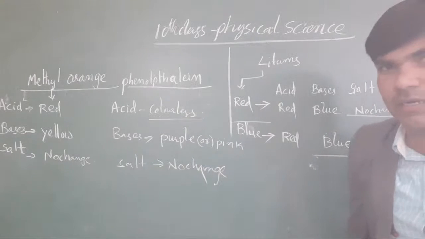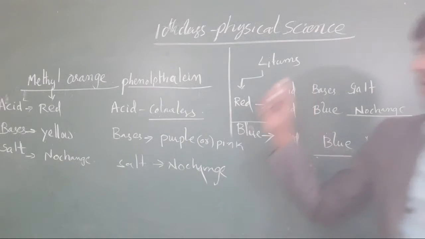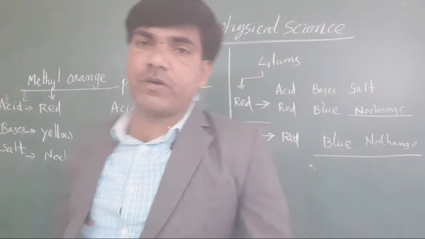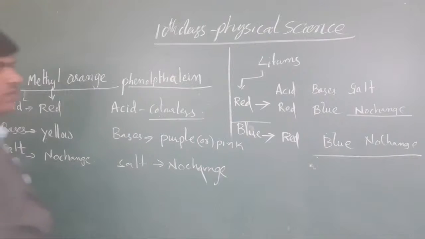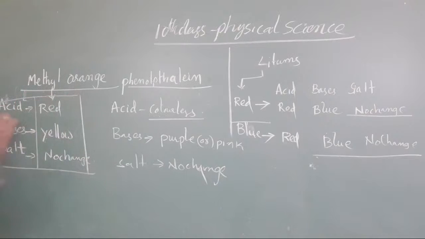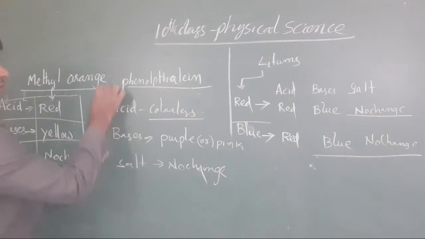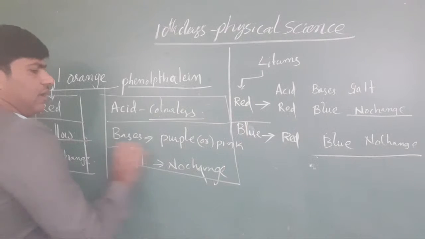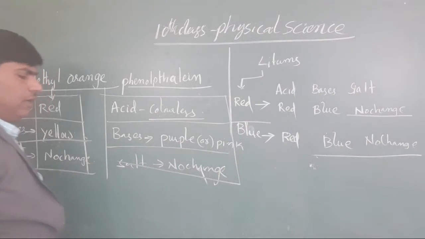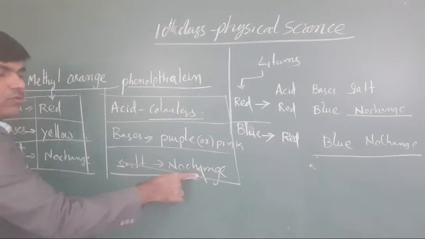This is a very important thing. Why? Because when you take a litmus paper, the litmus paper gives color changes like this, and methyl orange converts like this: red, yellow, and no change. And when you take phenolphthalein, it converts into colorless, and purple or pink, otherwise no change.